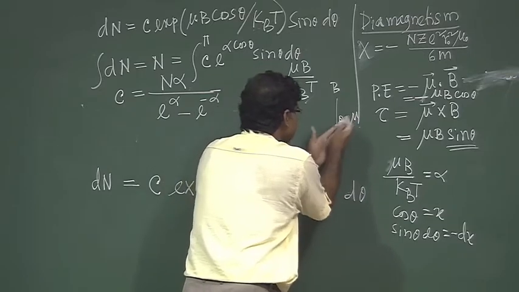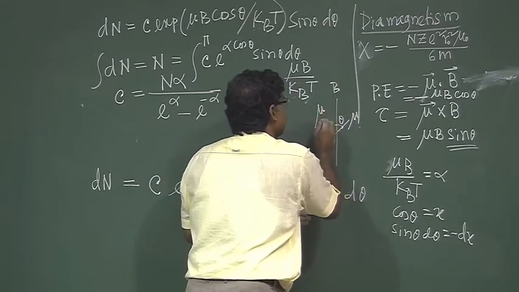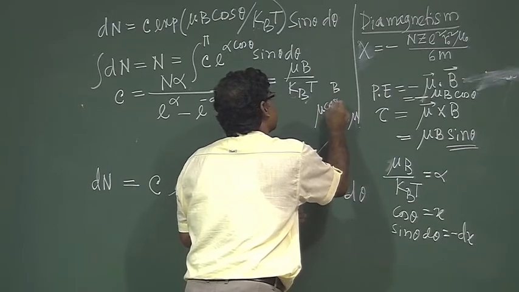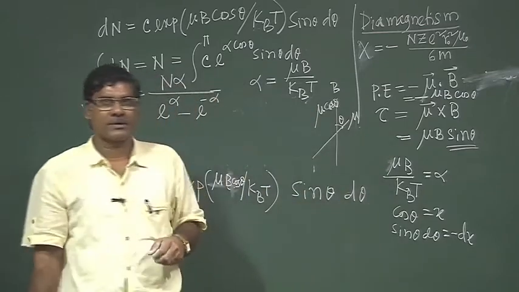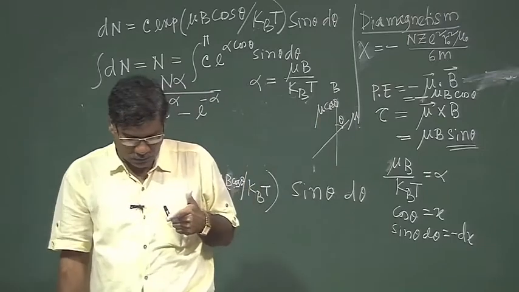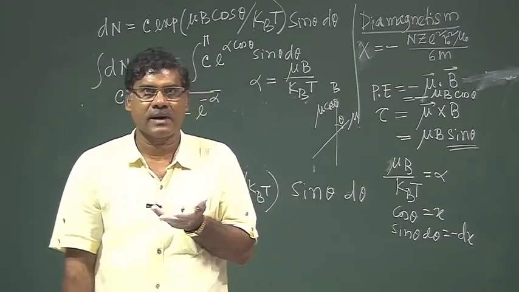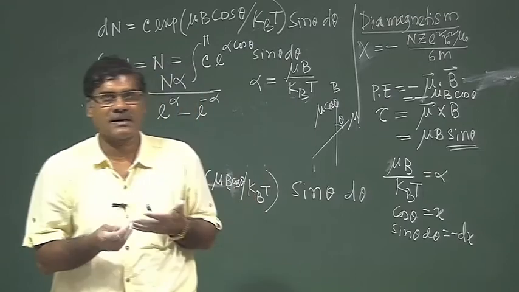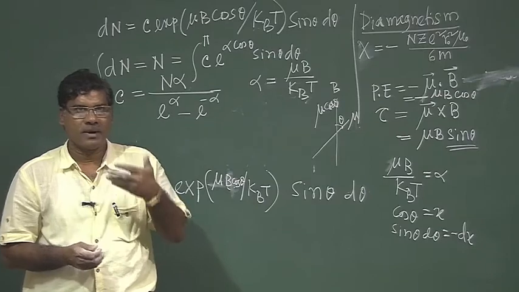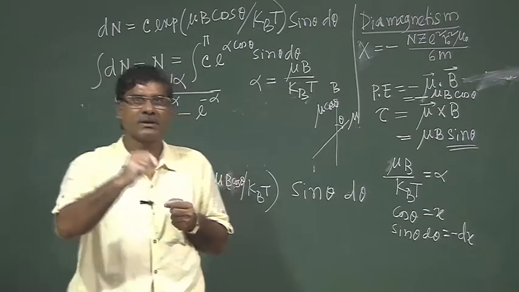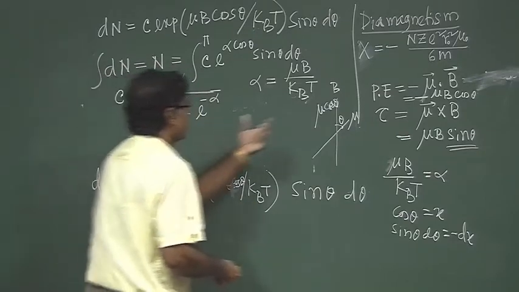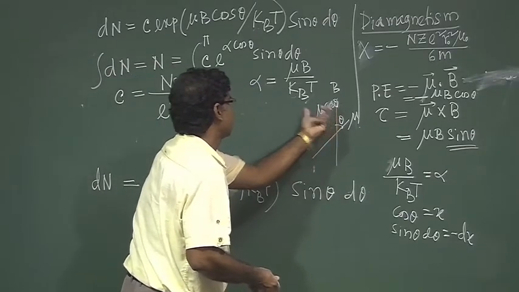The component of this along the field direction will be mu cos theta, right. So each moment will have a component along the field direction, that is mu cos theta. That is the definition of magnetization: magnetic moment per unit volume along the magnetic field direction.